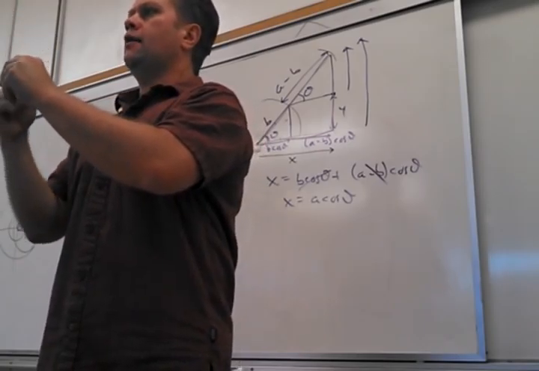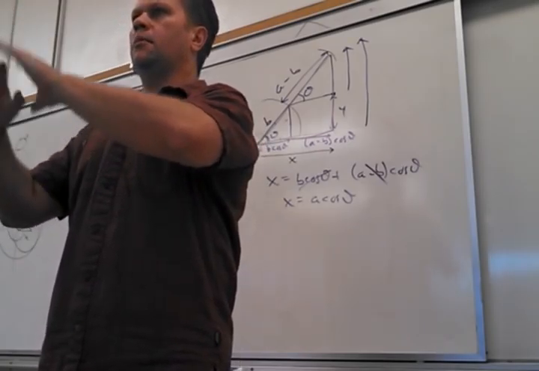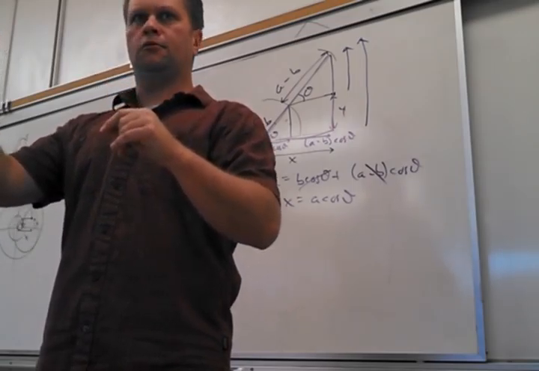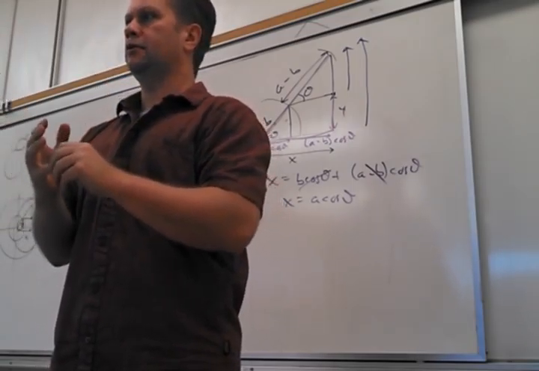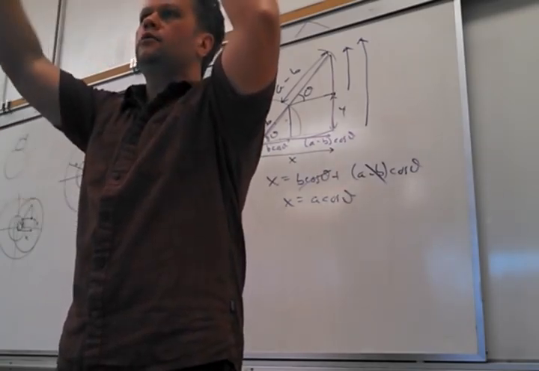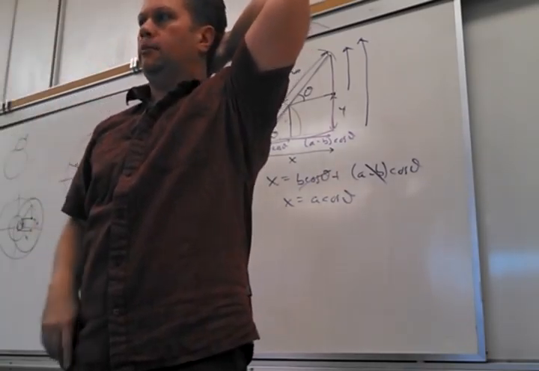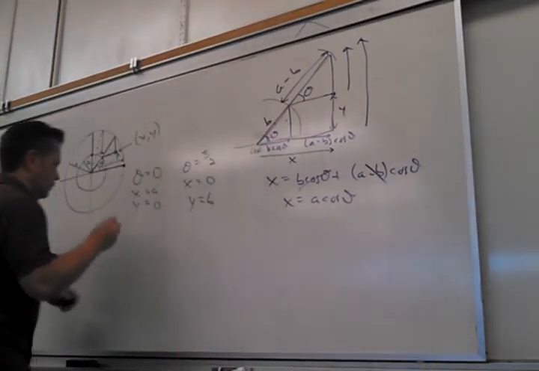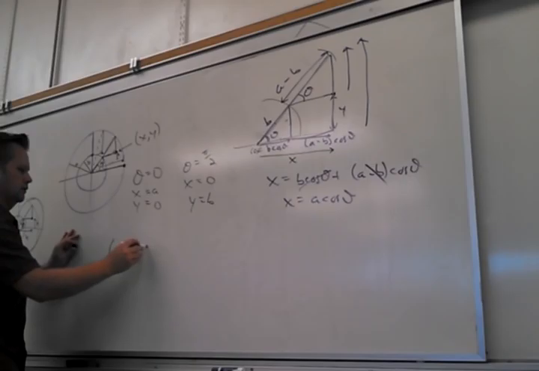So can somebody remind me, if I have one parameter, I don't care how many dimensions I'm in, what does that describe? A line. It's crazy, right? A line has one true independent variable. So I don't care how many variables, I could be in 5-dimensional space.